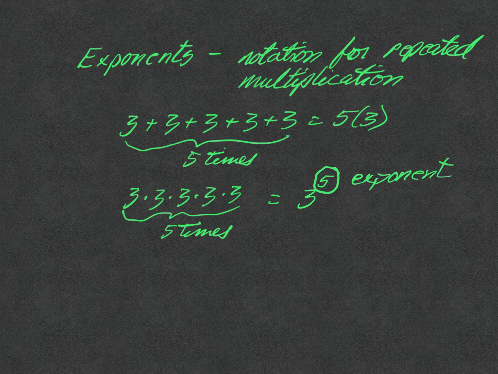And then the 3 would be called the base of the exponential expression. Sometimes we refer to exponents by the word power or powers. And so this would be like 3 to the 5th power, or just 3 to the 5th. Either one of those is fine.